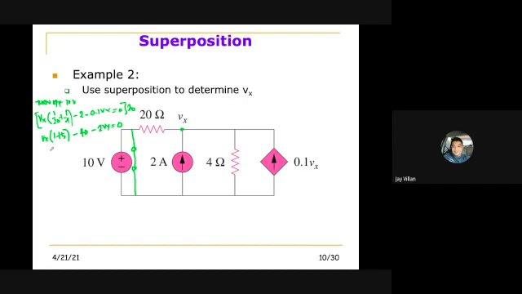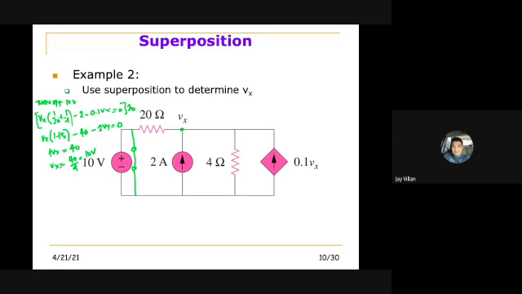So 6Vx minus 2Vx is 4Vx. So this is only 4Vx equal to 40. So Vx is equal to 40 over 4, and that is equal to 10 volts.